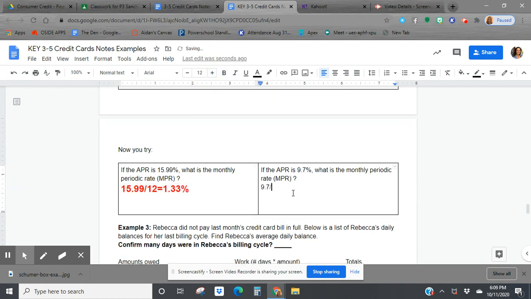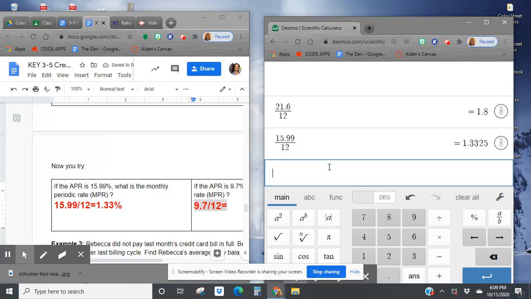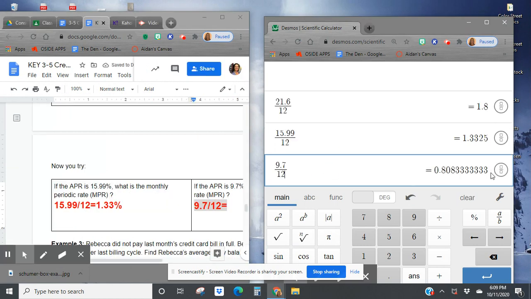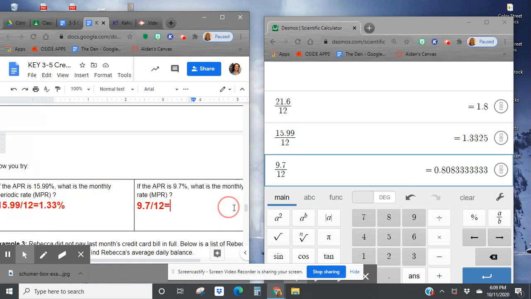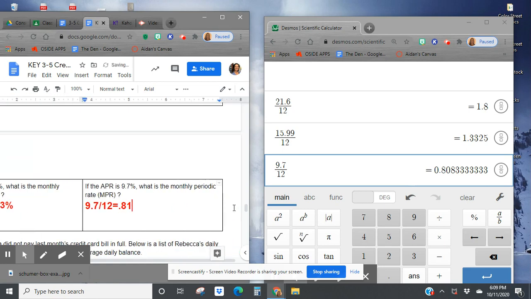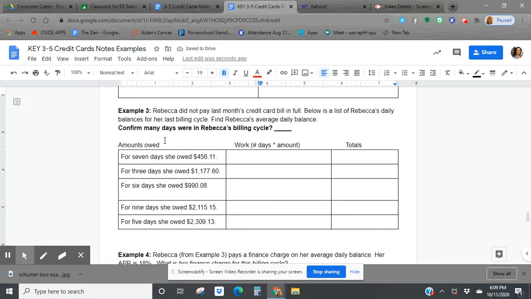So 9.7 divided by 12 is 0.81. And those are your MPRs and how you calculate them.